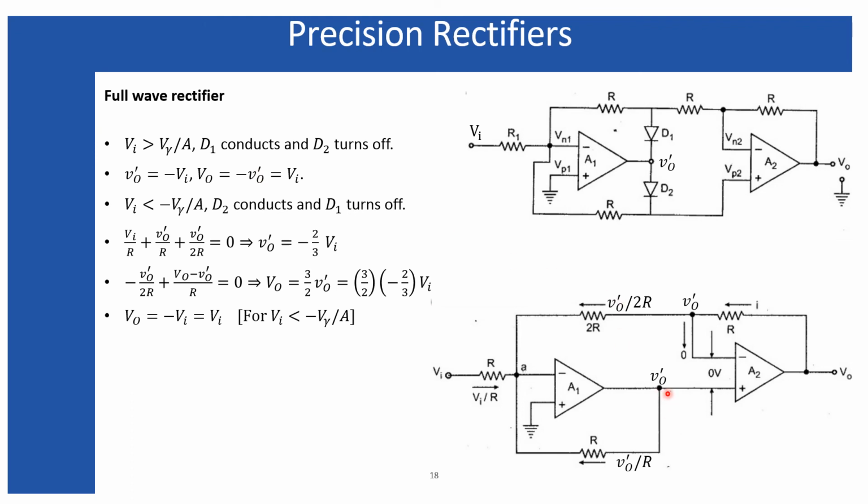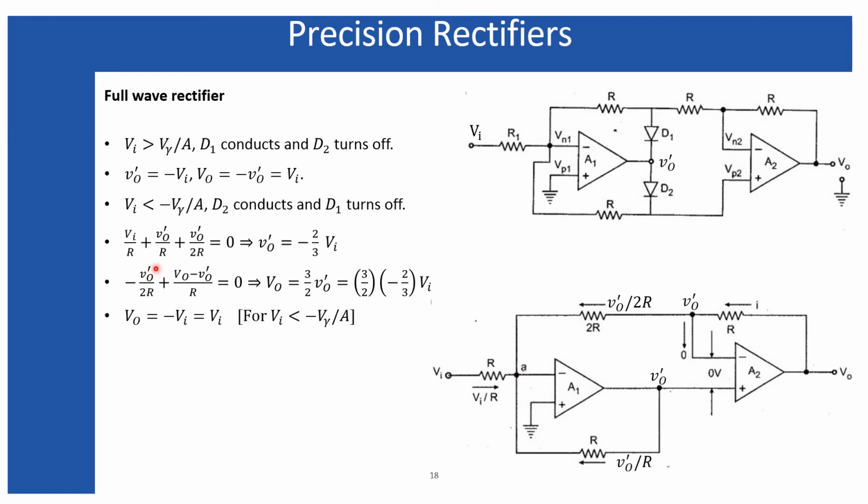And since the potential at this point is assumed as V naught dash, so the similar potential will be reflected at this terminal, because I'm considering the infinite open loop gain for the operational amplifier A2. So this potential at this point also will be V0 dash. Now at this node I'm applying the KCL.